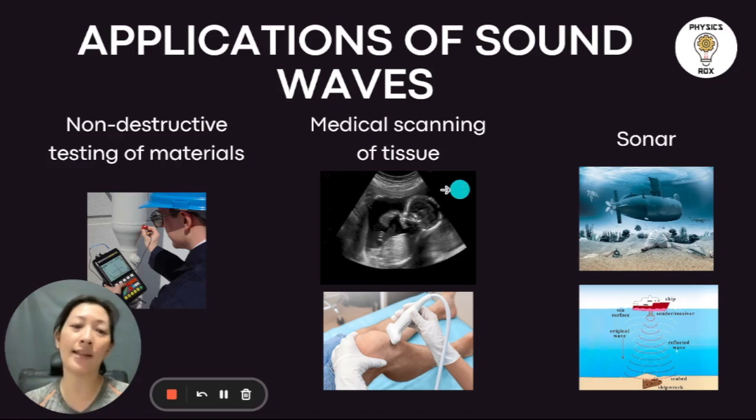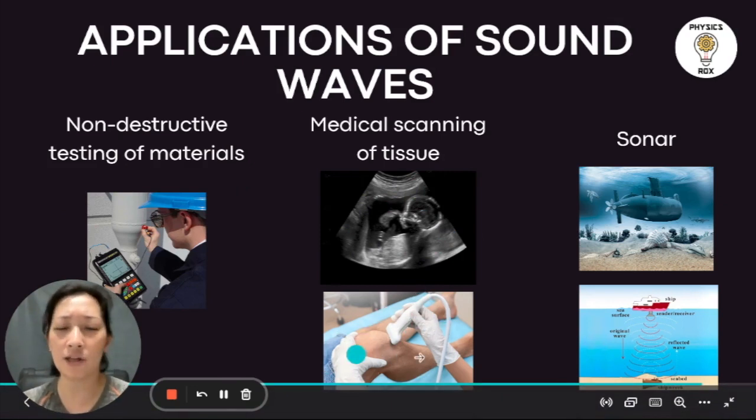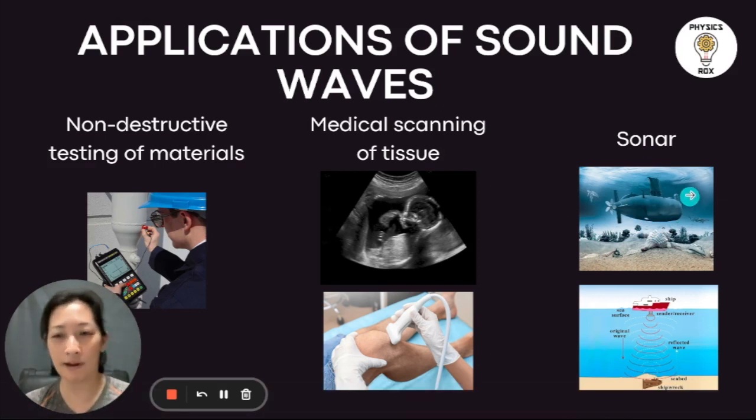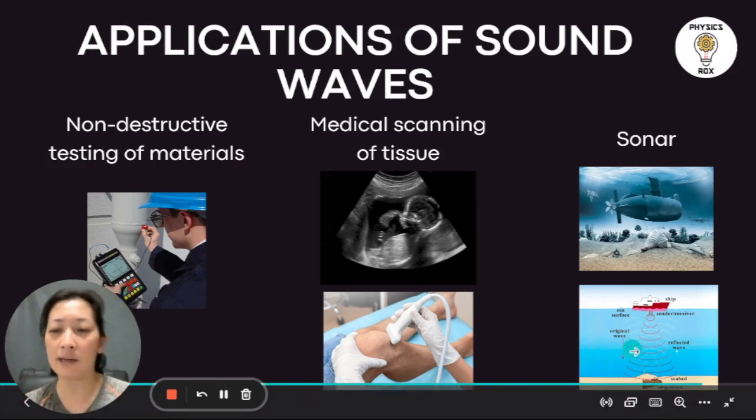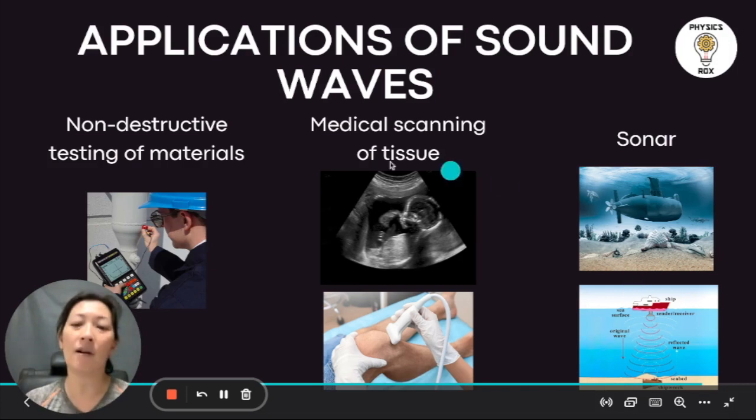So that's how we take a look at the inside of the material, like the thickness of the pipe, for example, or to look for blockages, and how we're able to map out the shape of the baby in the womb, or to find out the condition of your tissues and organs on the inside, and also underwater, how submarines are able to navigate and find whatever they're looking for, or determine the depth of the ocean from the ships and the shipwrecks and all that, all based on the use of sound reflection.